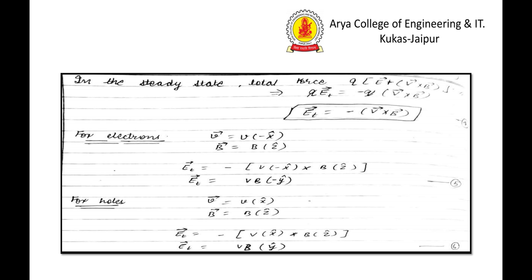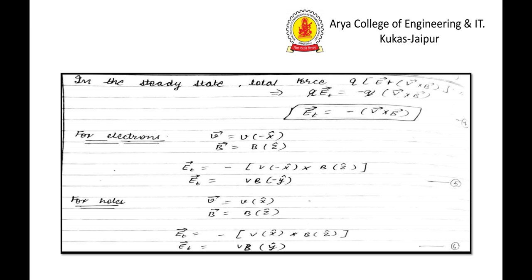For electrons, v is equal to v (minus x cap) and B vector is equal to B z cap. Then from equation 4, E_T vector is equal to minus v (minus x cap) cross B z cap, minus minus plus, and x cap cross z cap is minus y cap. Then we can write E_T vector is equal to vB (minus y cap).